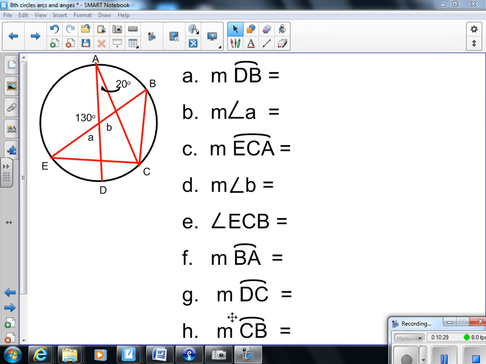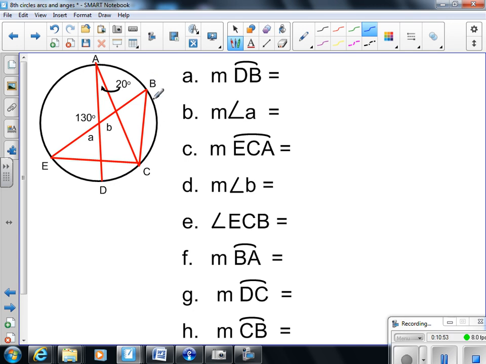Okay, now let's try some examples on your own. Copy these down and let's find the measurements of the various arcs or angles as they are listed. All right, let's go over these. The measure of arc DB. Okay, so let's find DB. It must be a minor arc because it doesn't have 3 letters listed, so we'll go around this direction.